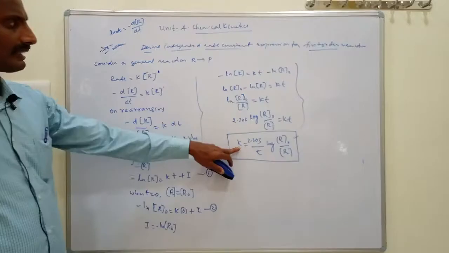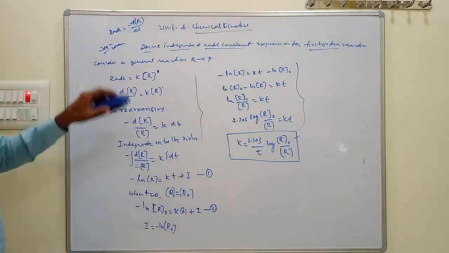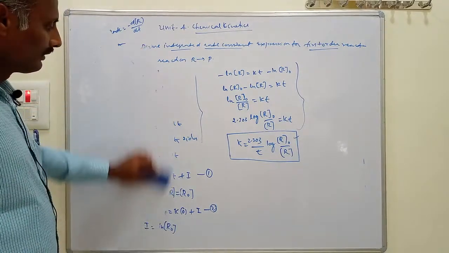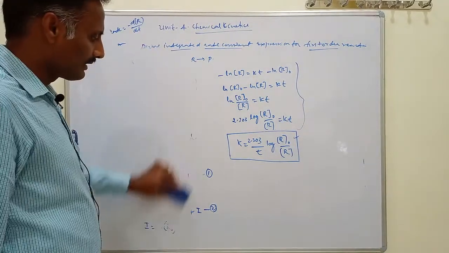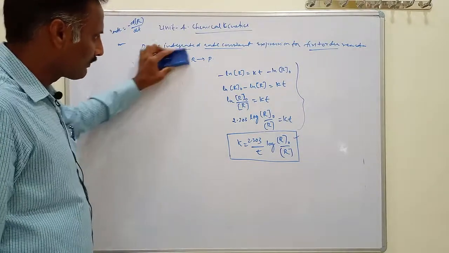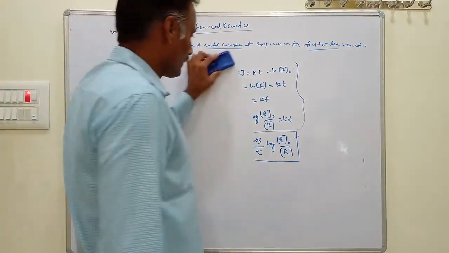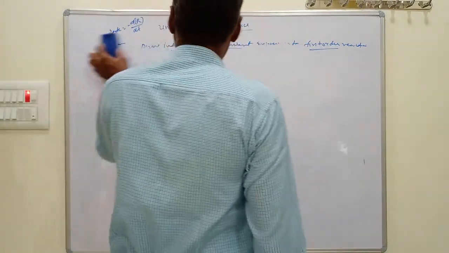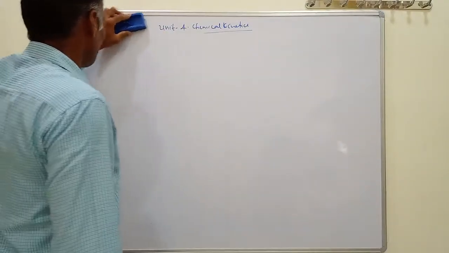What is the half-life period? It is the time required to reduce the initial concentration of the reactant to half. Now, how do we derive the half-life period expression for first order reactions?